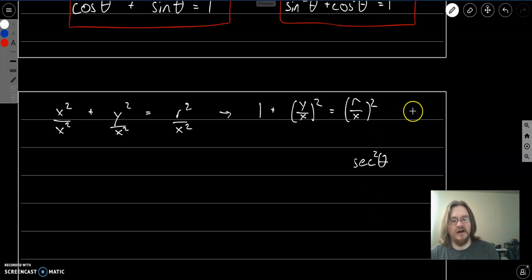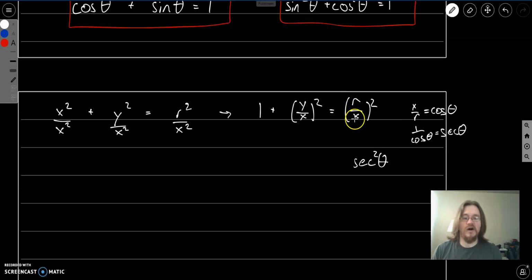So again, x over r is the cosine, and then 1 over the cosine, because we've taken the reciprocal, is the secant. So I know that r divided by x is going to be this secant. So it's just some quick scratch work. y divided by x, well, that was the tangent, and we're squaring that, and then we've got 1.